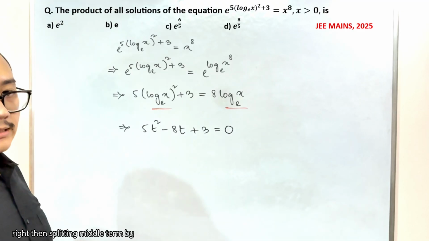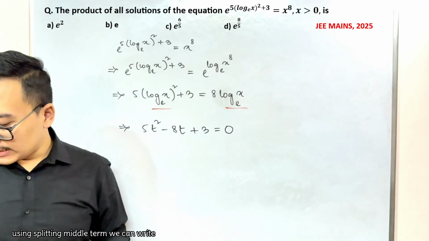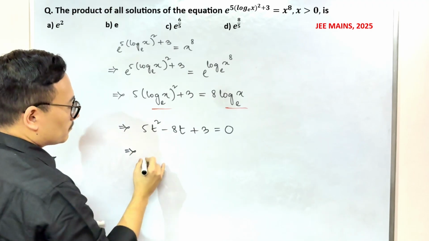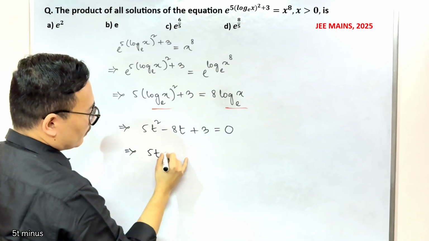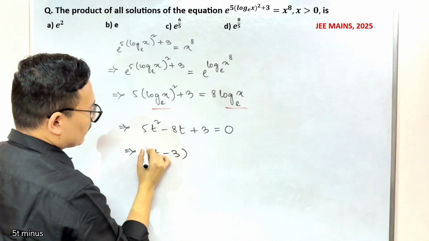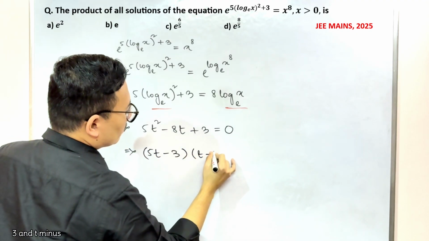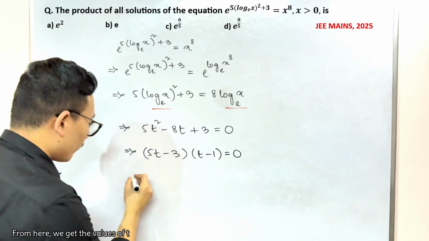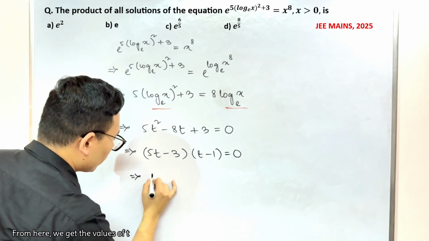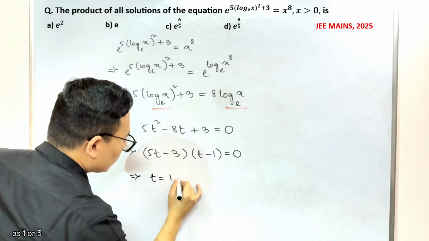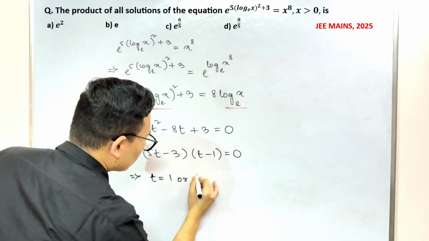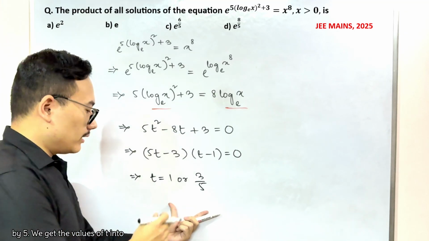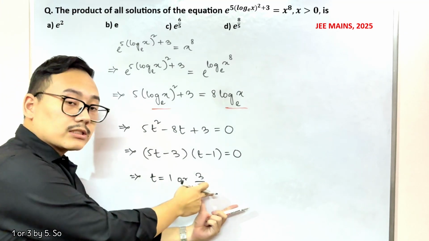Then by splitting the middle term, we can write this as 5t minus 3 and t minus 1 is equal to 0, right? From here, we get the values of t as 1 or 3 by 5.